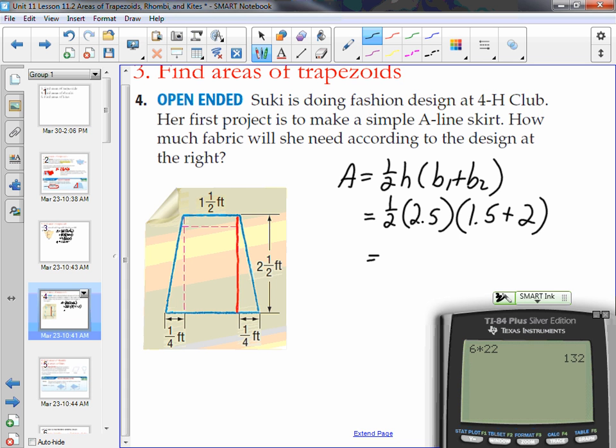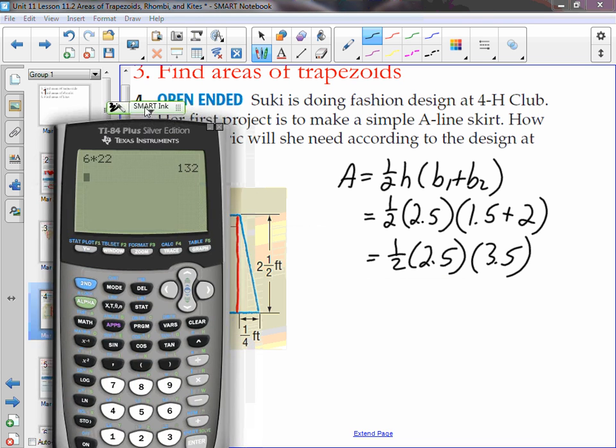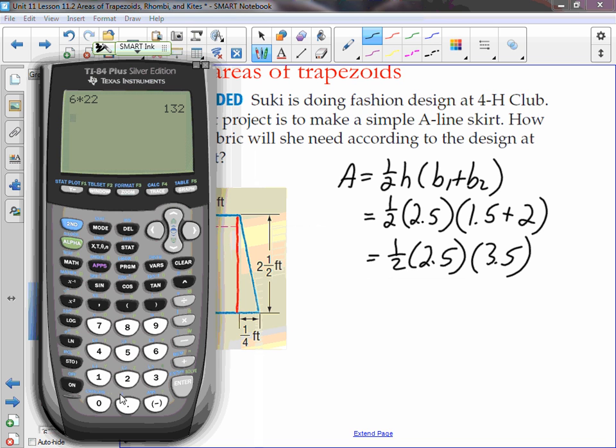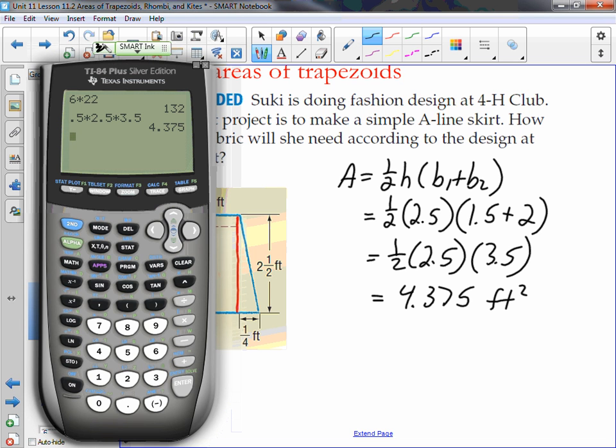Now, I know that 1.5 plus 2 is 3.5, and then I might as well use my calculator. So I'll do 0.5 times 2.5 times 3.5. And I get 4.375 square feet.